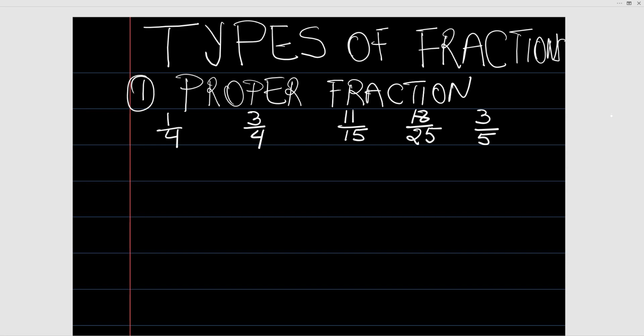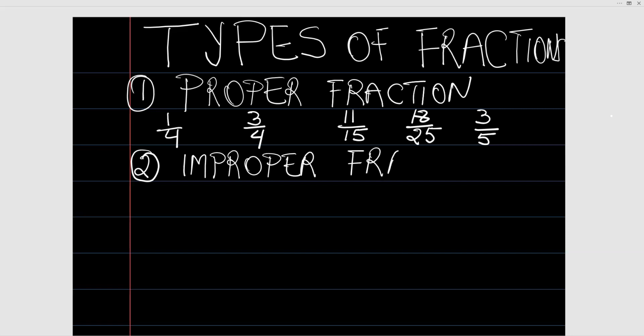All right, so let's talk about improper fractions. Now, keep in mind, a proper fraction is the same thing as a simple fraction.